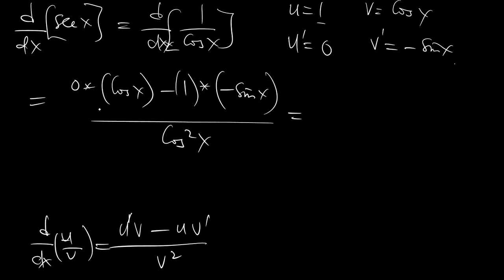So this whole will give you 0 minus 1 times minus sine x, which gives you sine x all over cos squared x.